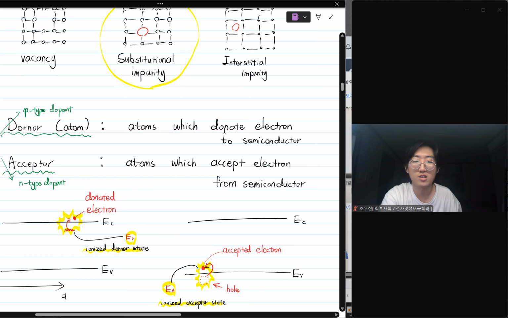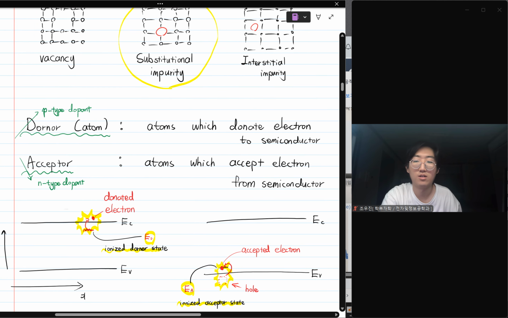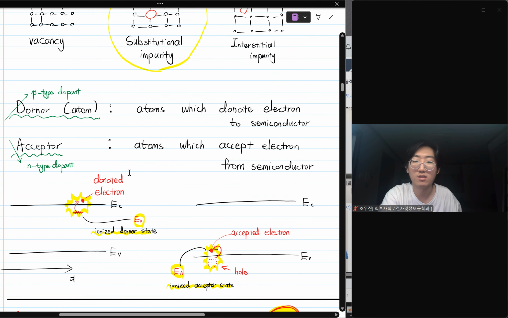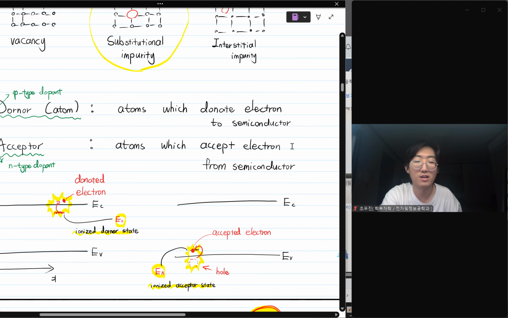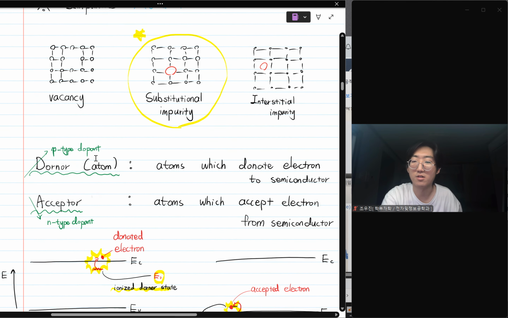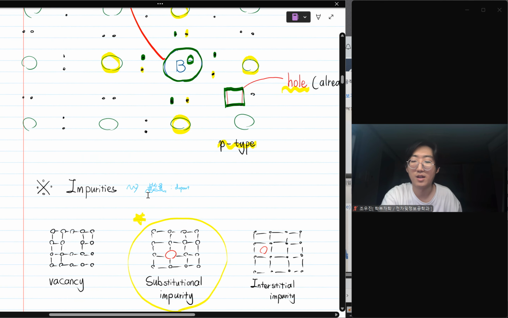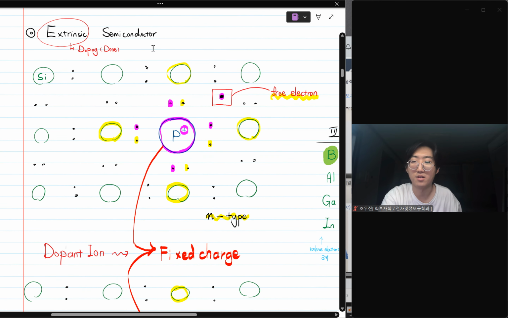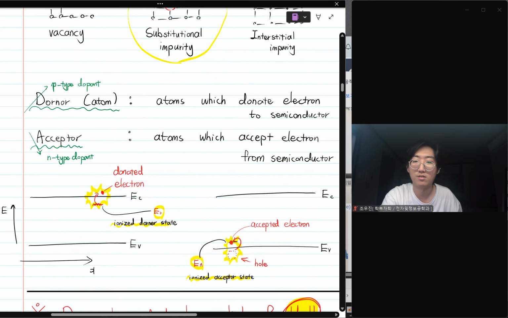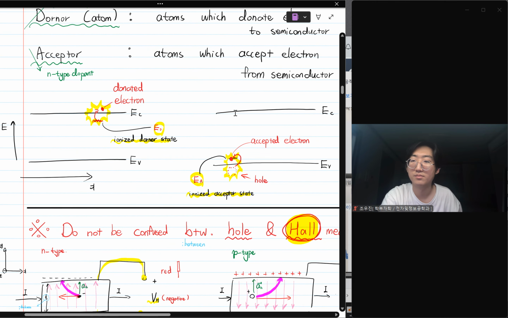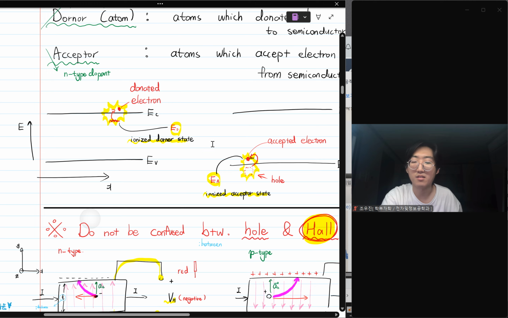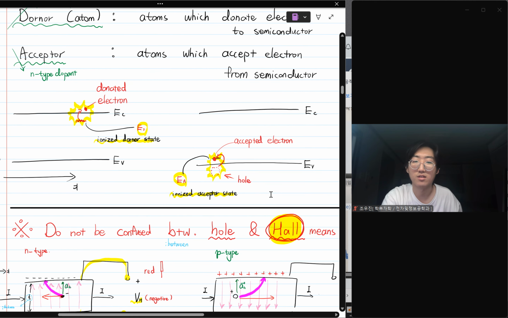Donor means atoms which donate electrons to the semiconductor, and acceptors mean atoms which accept electrons from the semiconductor. So the donor is for the n-type, and the acceptor is for the p-type extrinsic semiconductor. This picture visualizes the donor state and acceptor state.